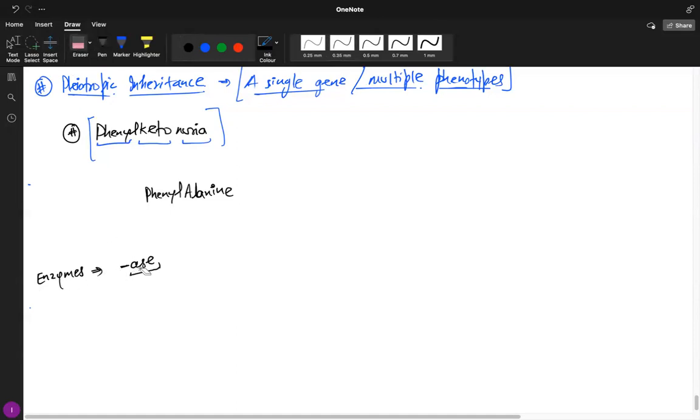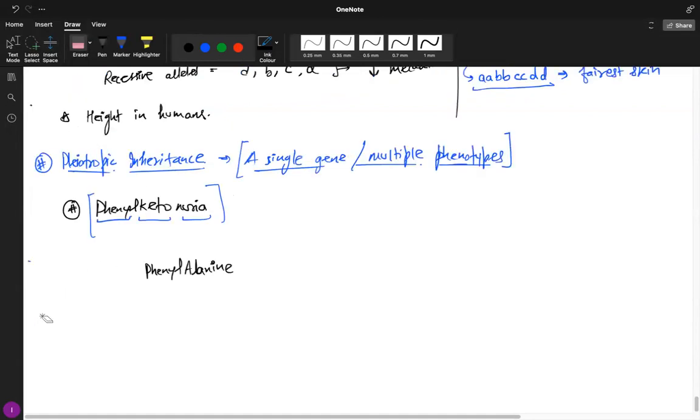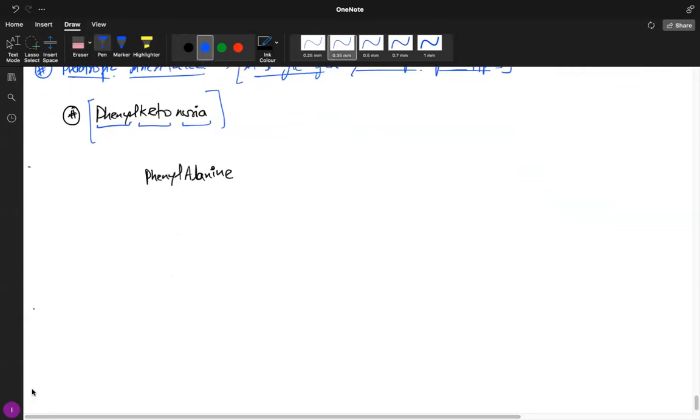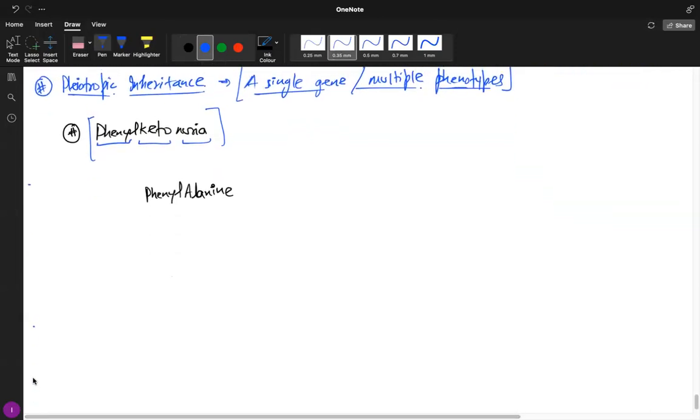So all enzymes might not end with ase, but everything that ends with ase is an enzyme of one or the other kind. Enzymes are nothing but just biological catalysts, which are very similar to chemical catalysts. They make the reaction happen at a much lower temperature, pressure, and conditions, which normally will take more energy, more temperature, and more pressure. Just like when you add catalysts in a chemical reaction in your test tube.